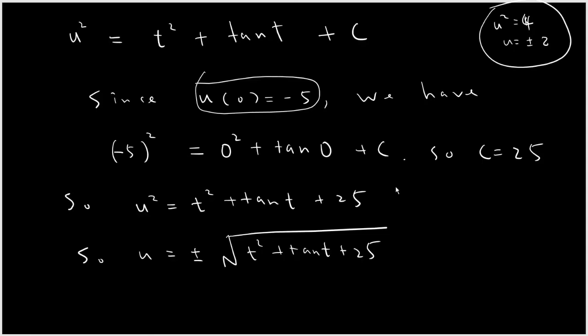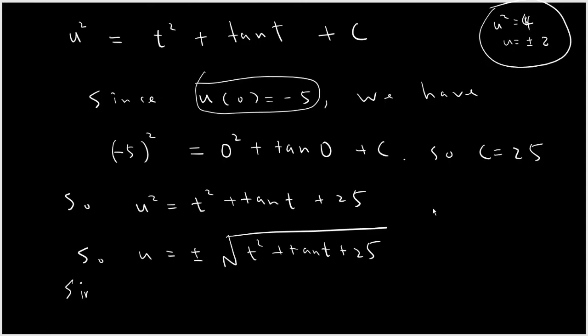In many cases, you have to use the condition over and over again to figure out something. In this particular case, u is equal to plus or minus the whole radical. My question is, do we take the positive sign or negative sign? We take the negative sign. Yeah, we take the negative sign only. Because if you take the positive sign, there's no way for u value to be -5. So do you know what I mean?